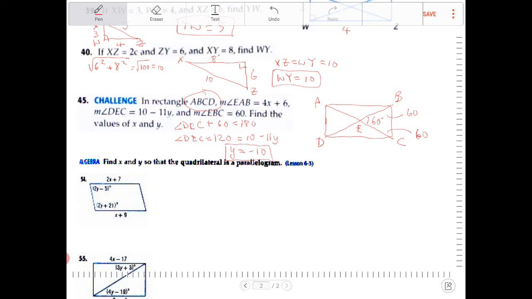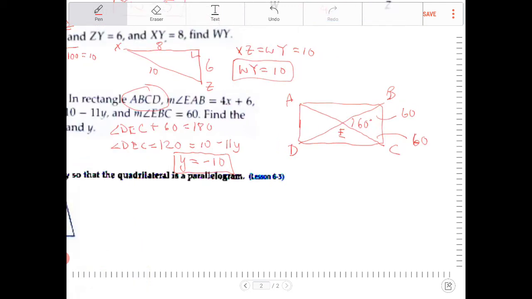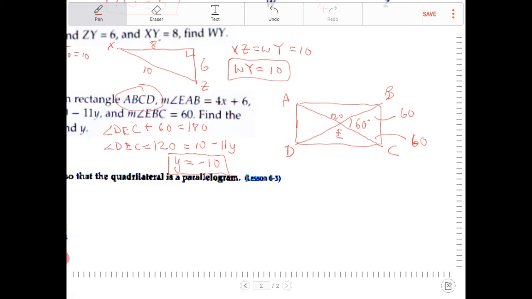And then we've got to figure out what x is equal to, right? Since DEC is equal to 120, we can now apply that to EAB. So this is going to be 120. Angle EAB, therefore, how much is that? That must be 30 apiece, right?